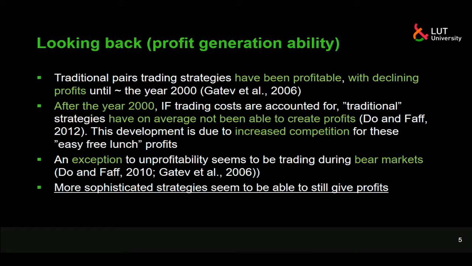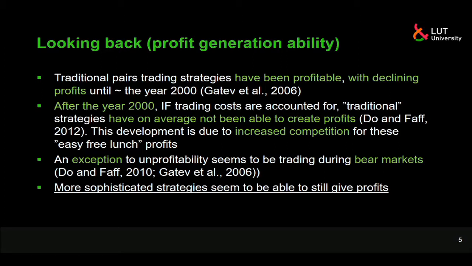It can be said that until the year 2000, the millennium shift, profits could be made, but the profits were declining. In the 1980s, profits could be made that were sustainable, and you could sustain a profit level.